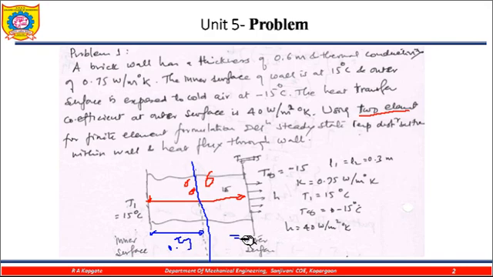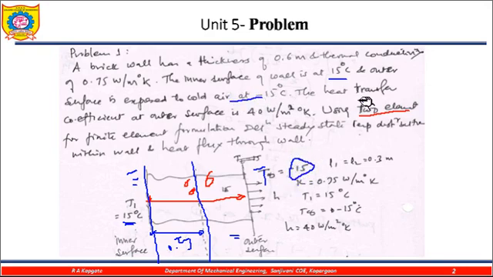When we are drawing the node diagrams, at that time we need to take care of this. Again, what is given? The inner surface of the wall is at a temperature of 815 degree centigrade, while the outer surface, this one is the T infinity, is at minus 15 degree centigrade, cold air.